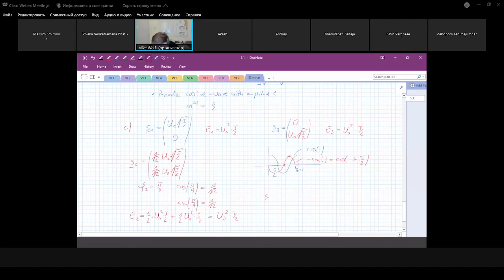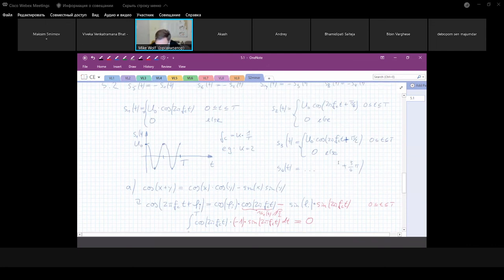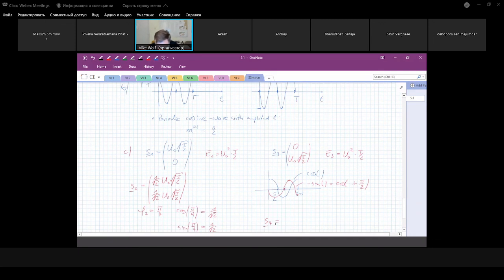So, and then if we take a look at S4, we need to calculate cosine of 3 by 4 pi. So where is 3 by 4 pi? So this would be here, right? So this is pi, and 3 by 4 pi would be here. So it's negative.